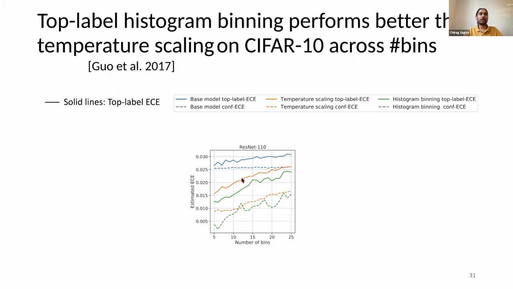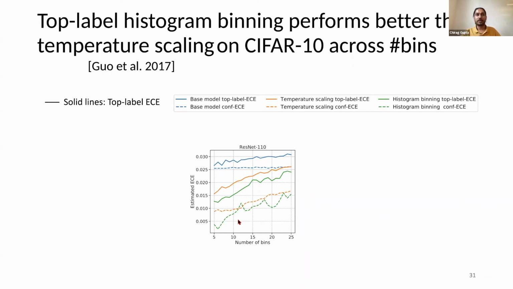As you can see, the model is not terrible in the first place, but both temperature scaling and histogram binning improve it, and histogram binning is consistently better. I also have these dashed lines, which are the confidence ECEs. But in this paper, we are arguing for replacing top label with confidence.